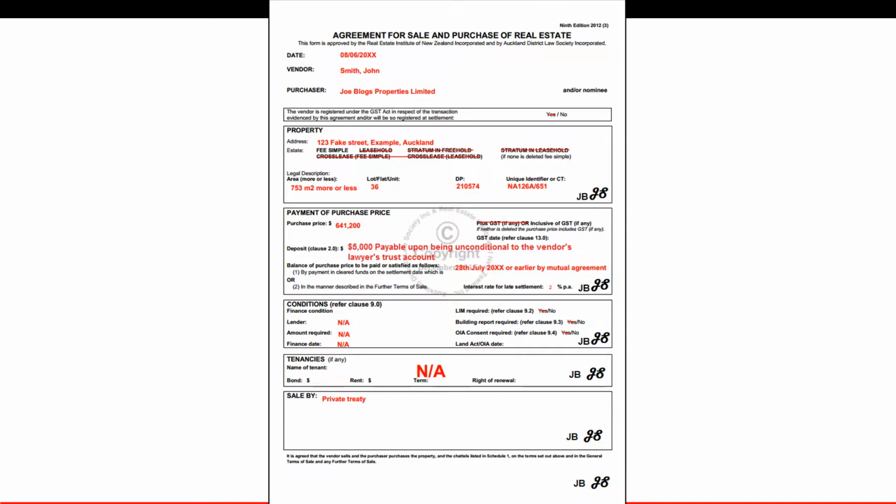So that's the property box, payment of purchase price box, conditions box, tenancies box, and sales by box as well. And I've also put one extra one on the bottom of the page just to ensure that everyone's on the same page. And I suggest you do the same when you're starting off, just to get in the tune of things and the rhythm of putting initials in all these locations.